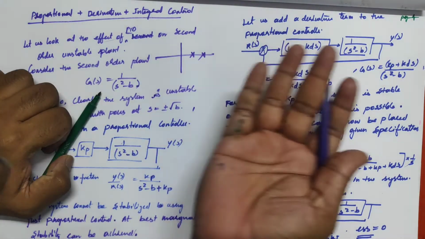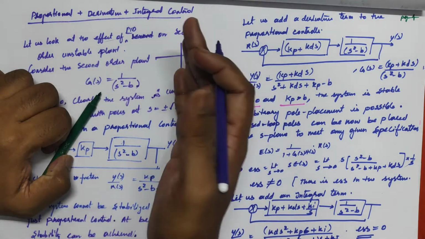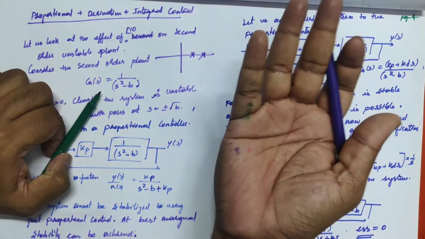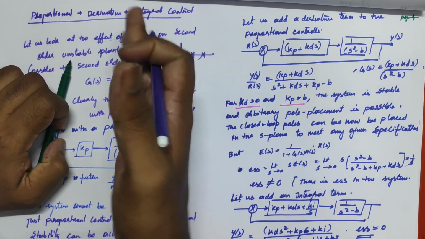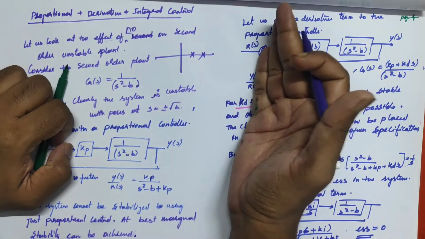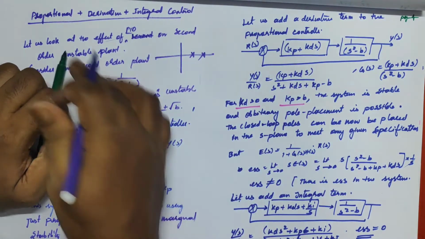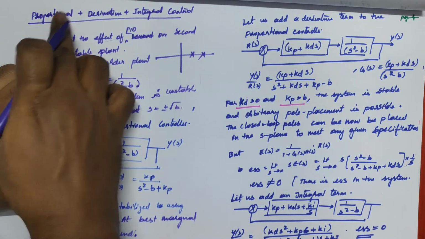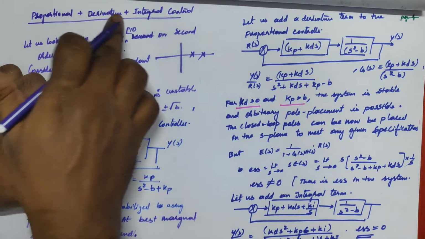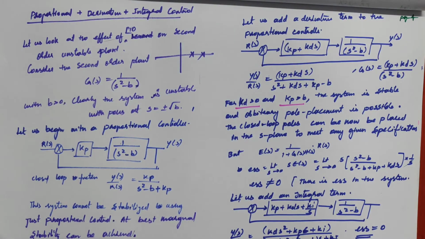If k tends to 0, my root locus will be completely on the right side of the S-plane. By the root locus we can say the poles are on the right side, which means it is an unstable system. Some textbooks write PID, some write PDI, so both are equal; there is not much difference.